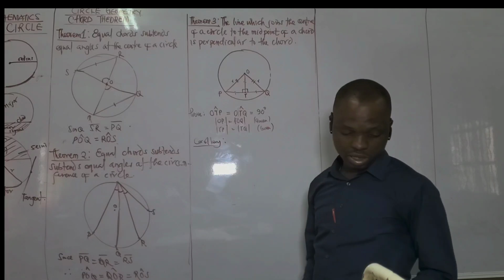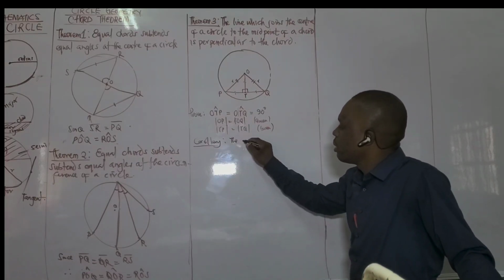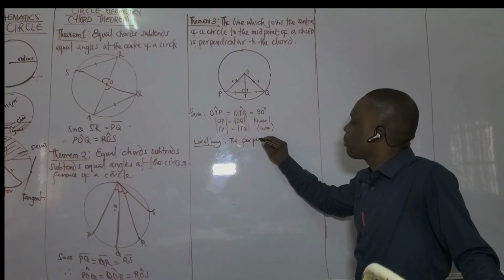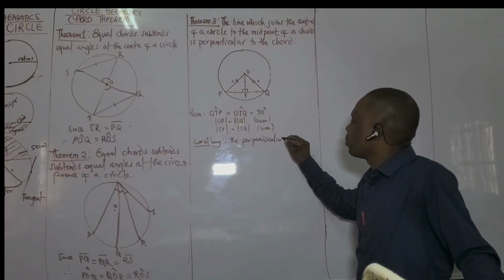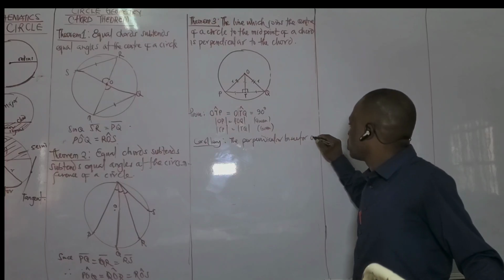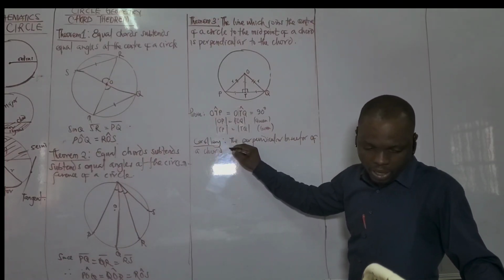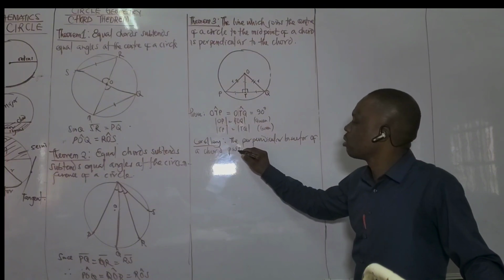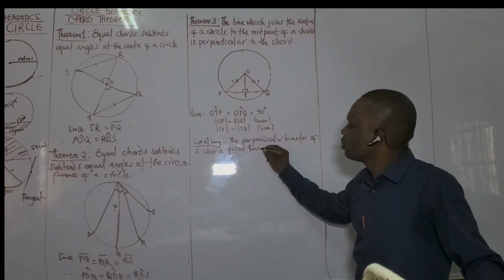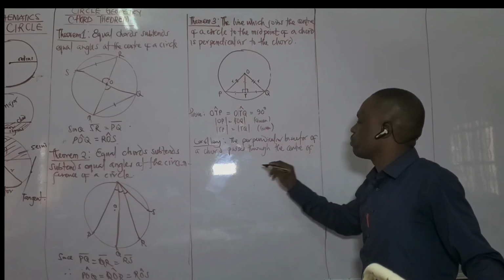The corollary is that the perpendicular bisector of a chord passes through the center of a circle.